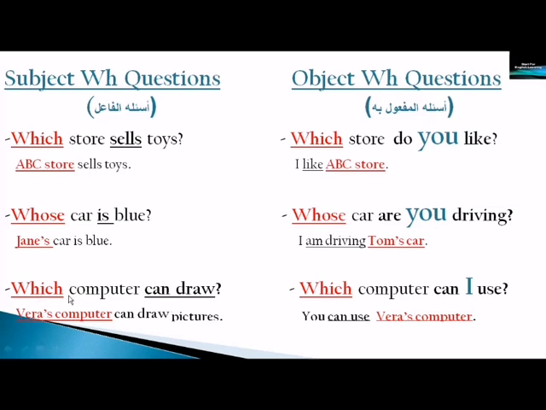Which refers to some information which relates to the subject. Vera's computer can draw. Vera's computer is the subject. No inversion. With the subject WH questions, we don't use inversion.